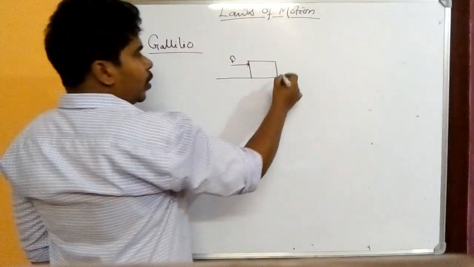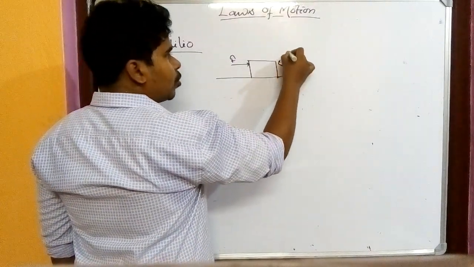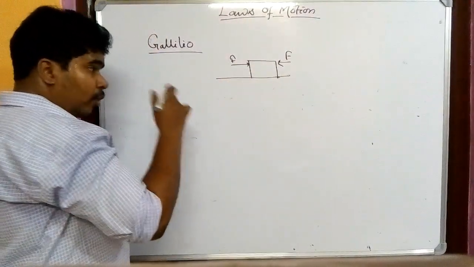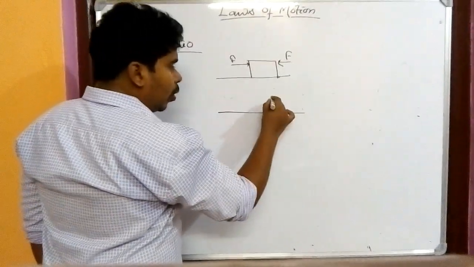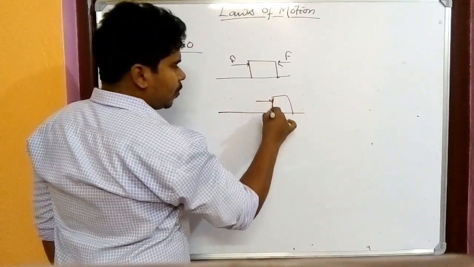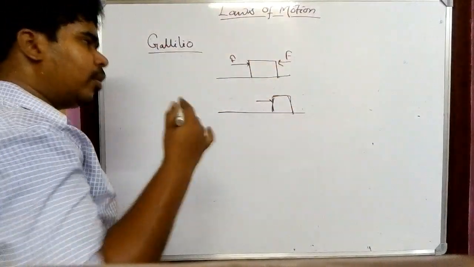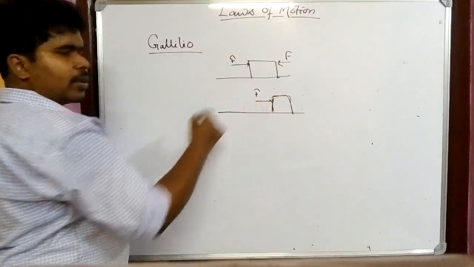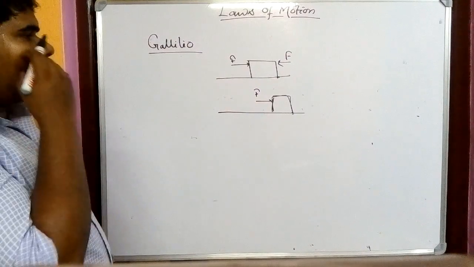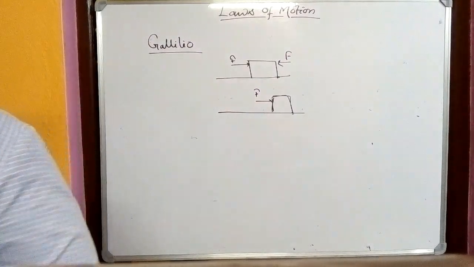And if I want to stop it, then also I have to apply force. If we need the body to always be in motion, then also we need to apply force. Initially they thought that, and our thinking is also like that.